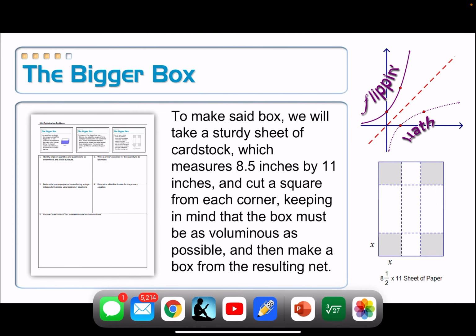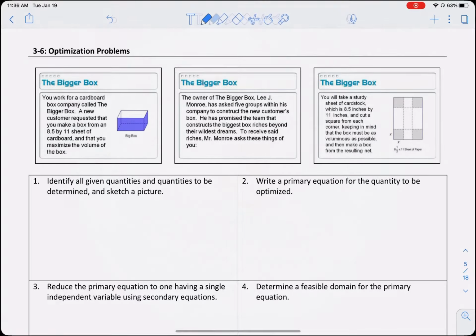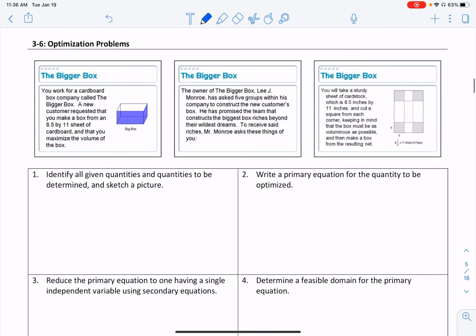Okay, so I'm going to start by looking at this little worksheet here, which is basically going to take us through the process of optimization. So each one of these things is one of the things that you've got to consider whenever you're doing an optimization problem. The first one, after you read the problem, let's identify all the quantities that were given, sketch a little picture, and also make note of what it is that you have to maximize or minimize.